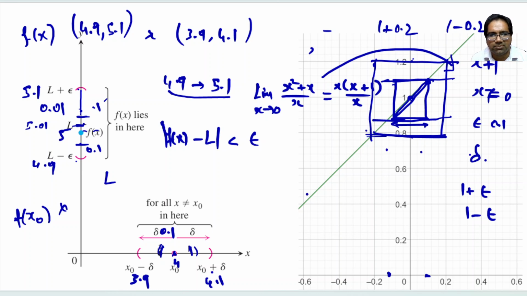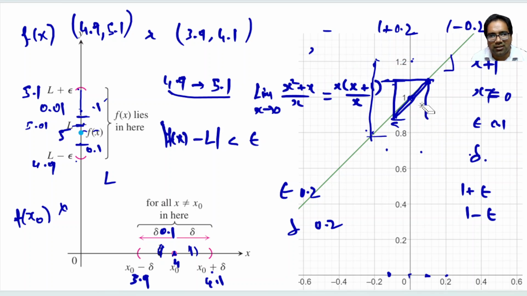If epsilon is 0.2, delta is also 0.2 in this case because this is a straight line. As long as x is lying between 0 plus 0.2 and 0 minus 0.2, y will always lie between 1 plus 0.2 and 1 minus 0.2. So that's why we can call 1 the limit.